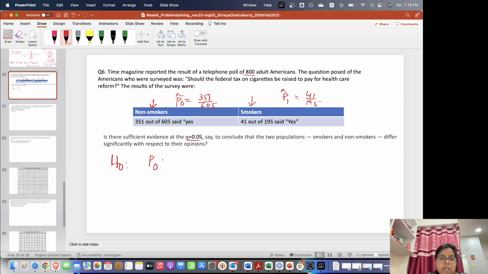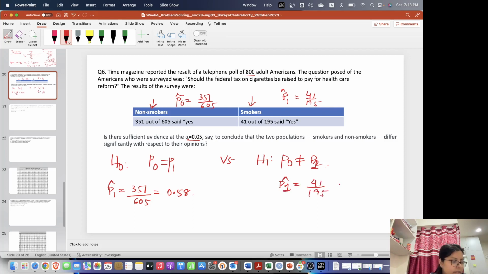We are interested to find out if P0 equals P1 versus H1, P0 not equal to P1. So P0 hat, or the estimate, is 351 by 605. This is 0.58. P1 hat is 41 by 195, that is 0.21.